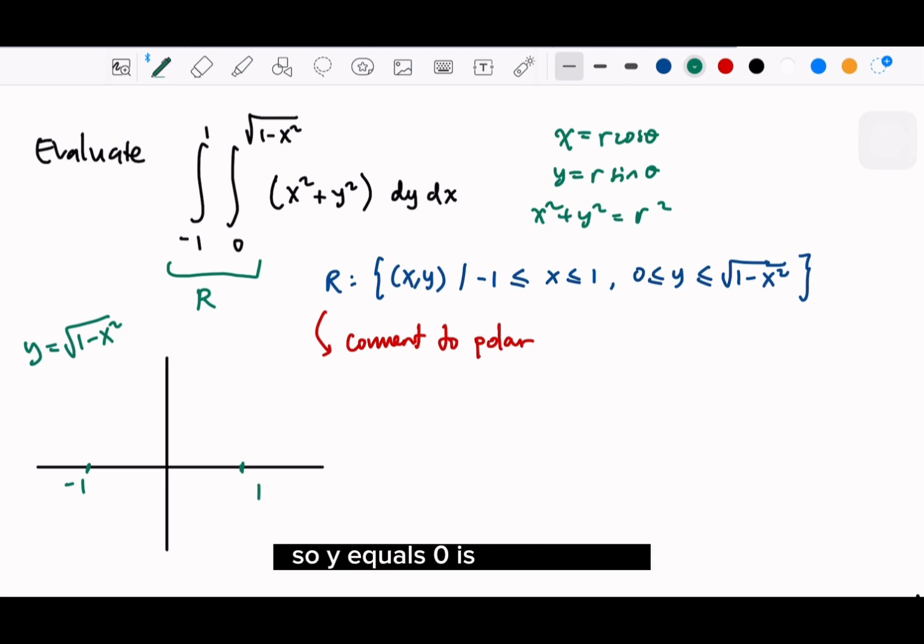So y equals 0 is on the x-axis, right? So it starts from here, and then it goes up according to this curve, square root of 1 minus x squared. And if you see, square root of 1 minus x squared is perfectly a circle, right? Because you could definitely see the form.